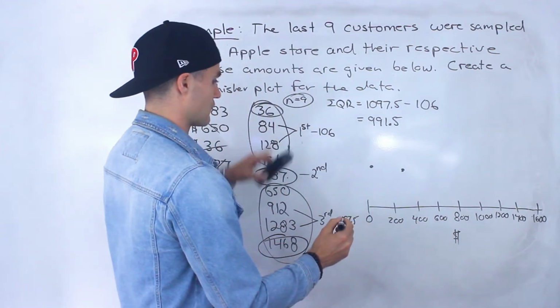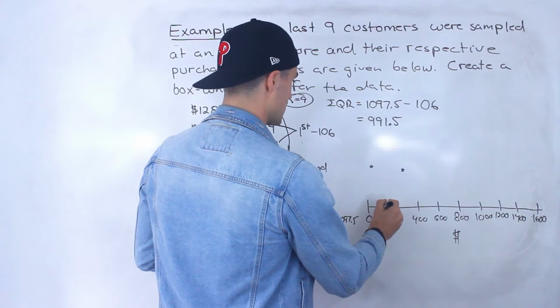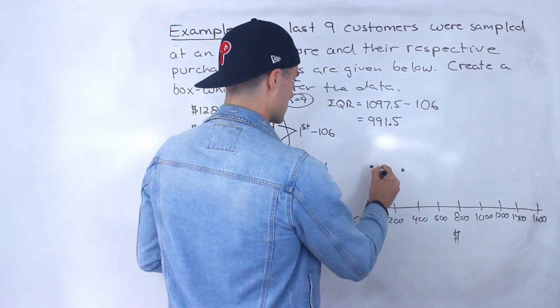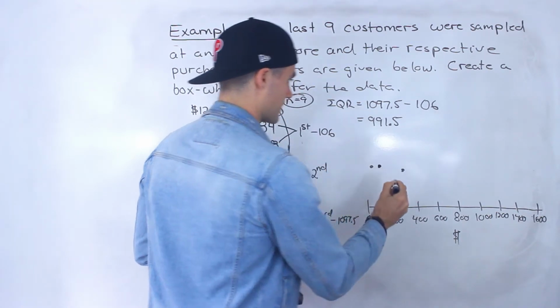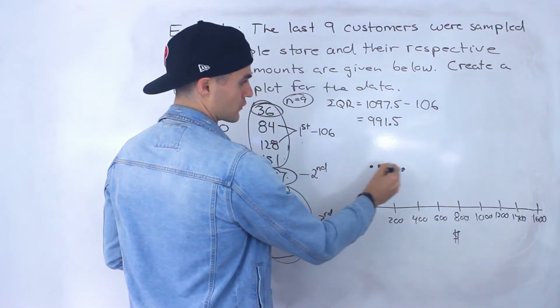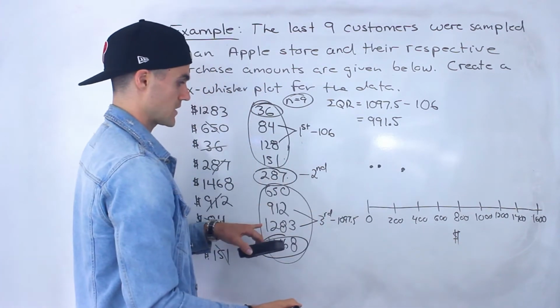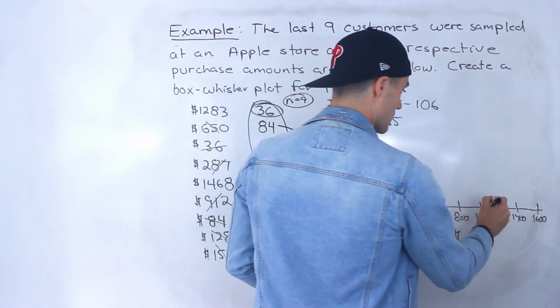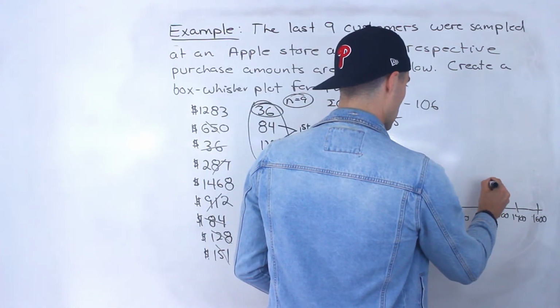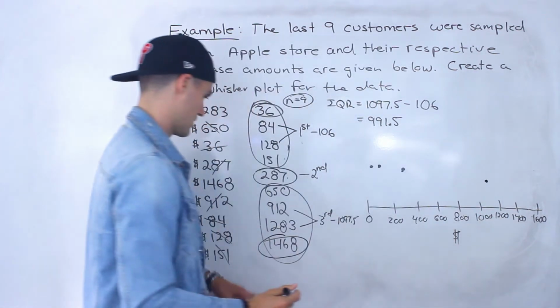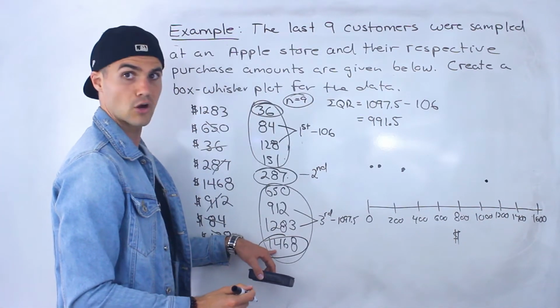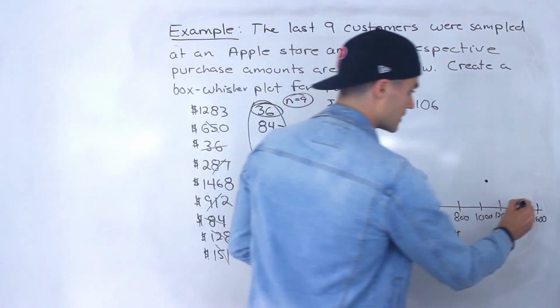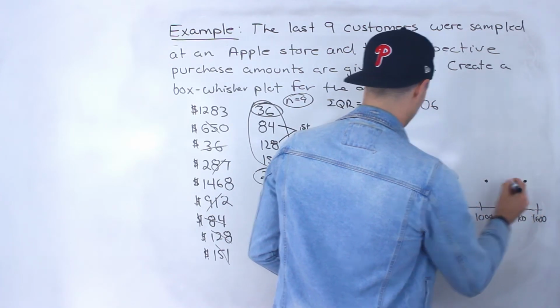Oh yeah, I missed the first quartile, 106, which would be somewhere around there. Right, so that's where the first quartile is, the second quartile, 287, and then we have the third quartile, 1097.5, which would be like all the way out here, and then we would have that largest amount, 1468, that would be like out here.